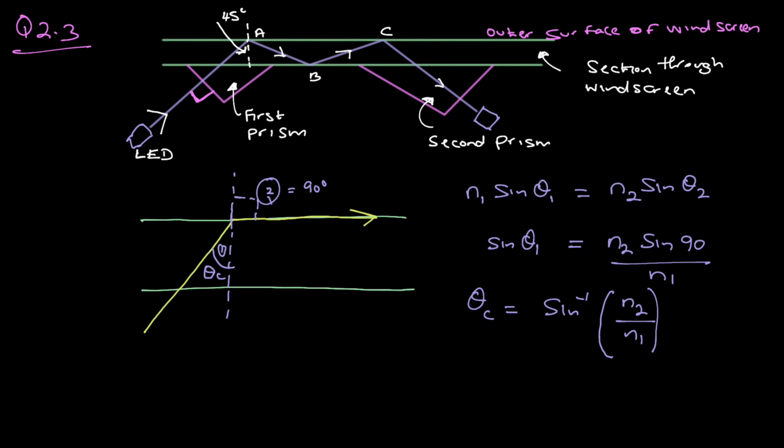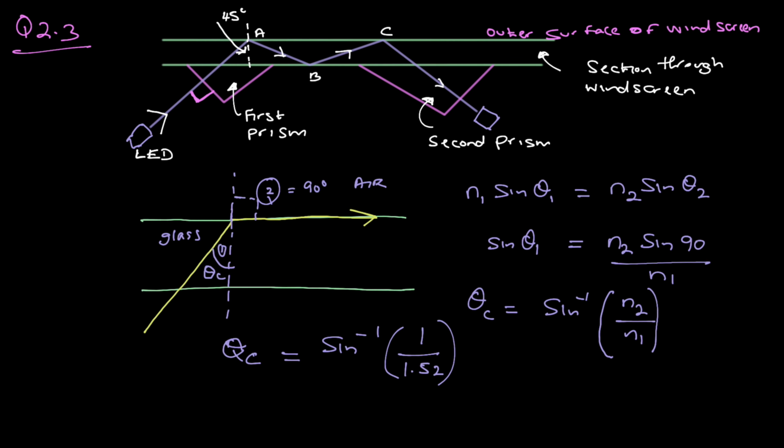We know that the refractive index of air is 1, and glass is 1.52, so the critical angle theta critical will be equal to sine to the power minus 1 of n2, the refractive index of air, over n1, the refractive index of glass, so that will be 1 over 1.52.